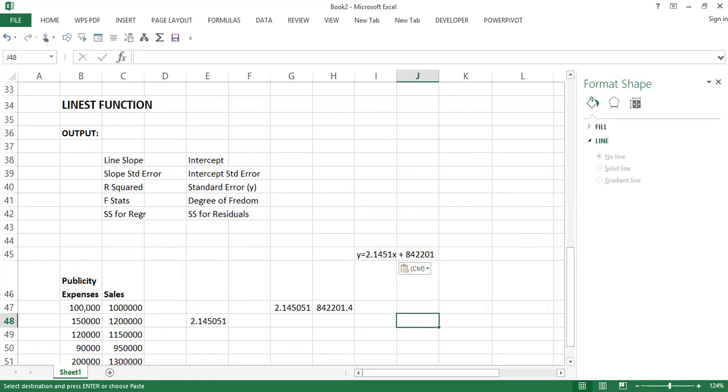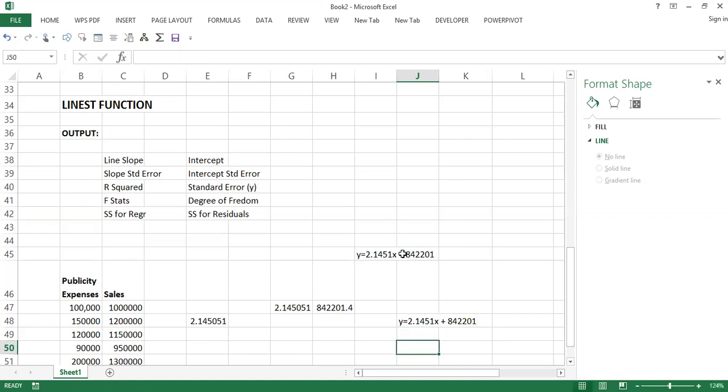We are saying y equals 2.145, if you want to approximate it, you can just say 2x, plus 842.01.